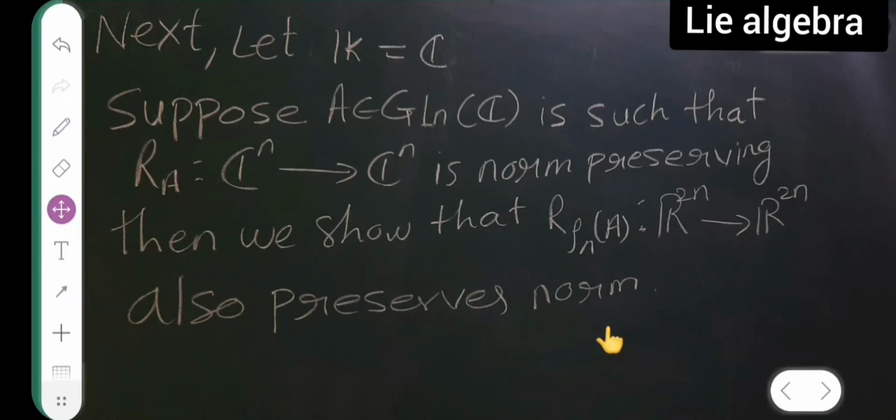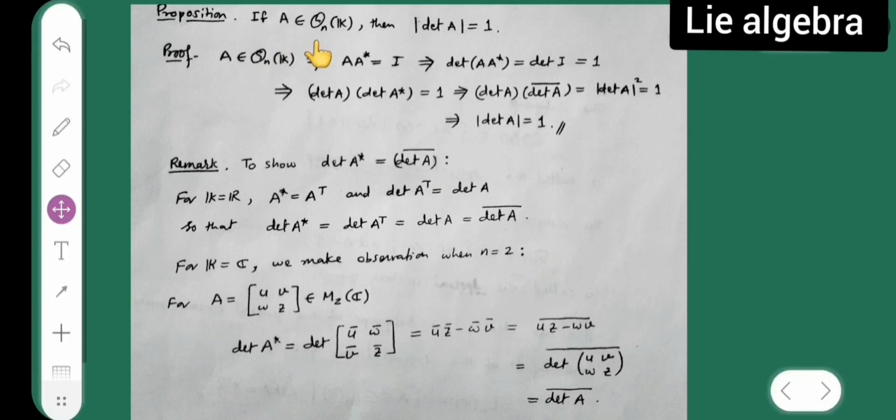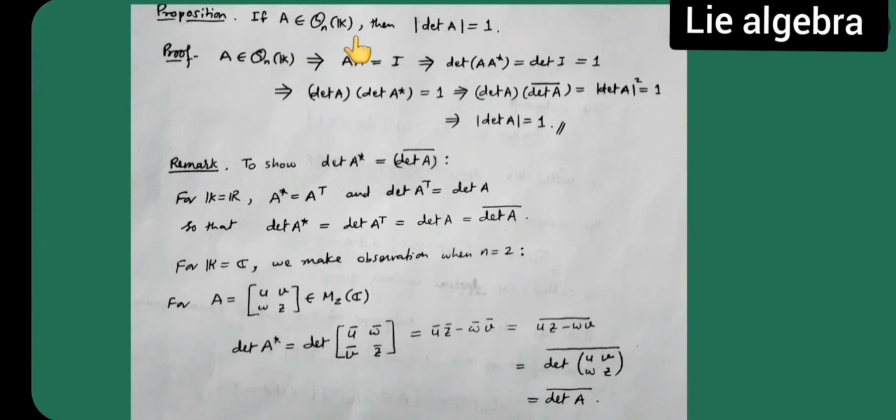Next is a new topic. I will be proving one proposition over here. If A belongs to Qn of K, then the modulus of determinant of A is equal to 1. Proof: A belongs to Qn of K implies A star A is equal to I, which implies determinant of A star A is equal to determinant of I. Now I have put determinant on both sides, and this is equal to 1.